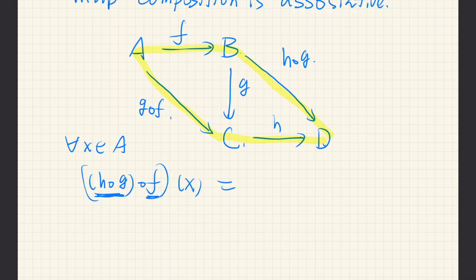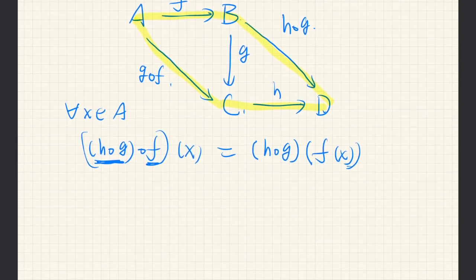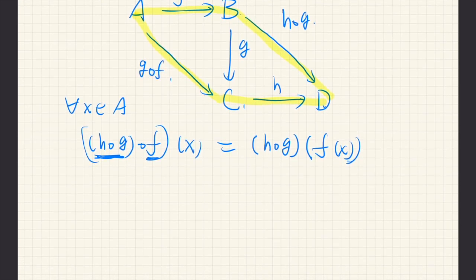We are composing these two maps here. So according to the definition of composition, first we have h after g of f of x. Okay. Now we apply the definition of composition to this composition. Okay, then that becomes h of g of f of x.